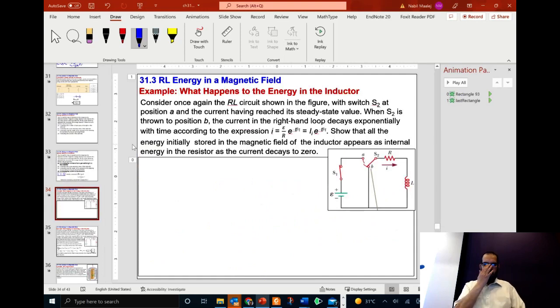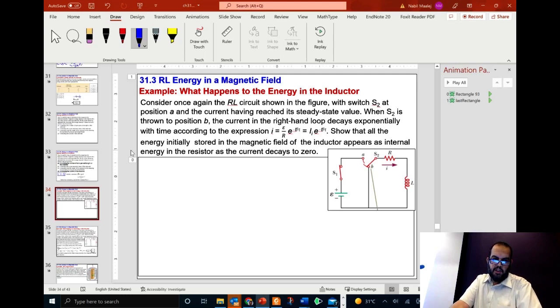All right. Okay. What happens to the energy in an inductor? Consider again the RL circuit shown in the figure with the switch S2 at position A and the current having reached a steady-state value, which is the EMF of the battery divided by the resistance.